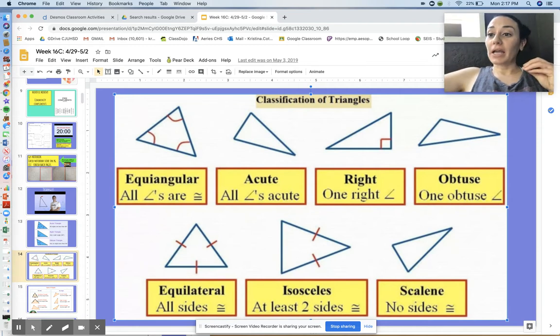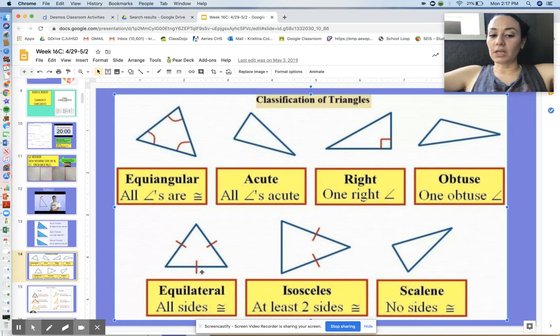When we talk about angles, remember that angles smaller than 90 are called acute, and some triangles have all three angles acute. When all of the sides happen to be equal, you can tell they're all equal. That's called an equiangular triangle.